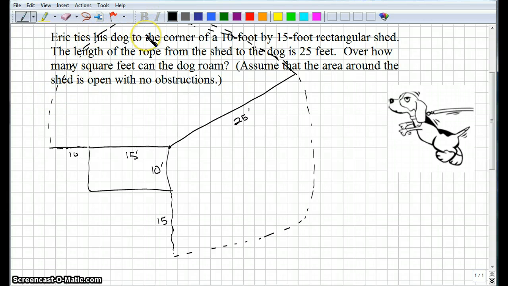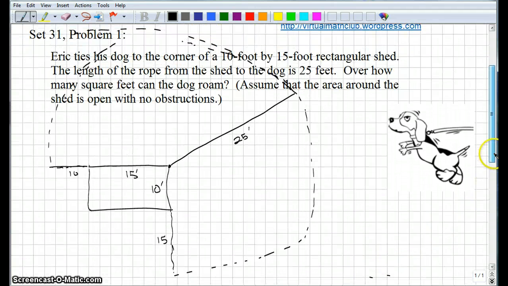It doesn't look super, but you get the idea. Pretend that's a circle. It's a radius of 25 feet, but it's not a full circle. It's 3/4 of a circle, right?